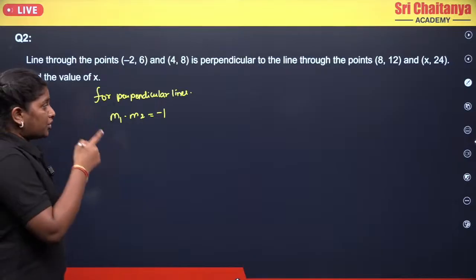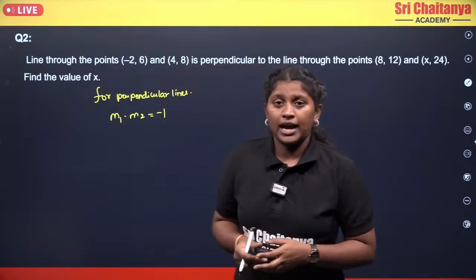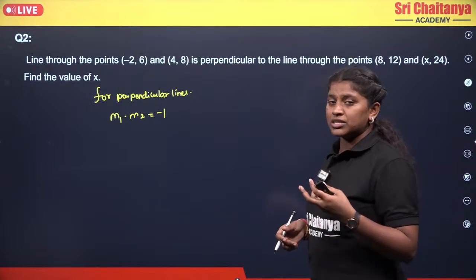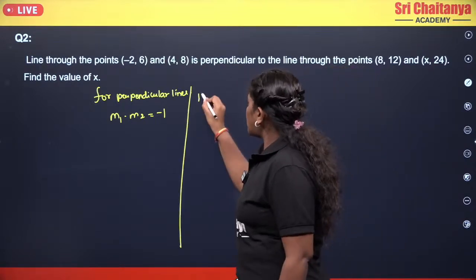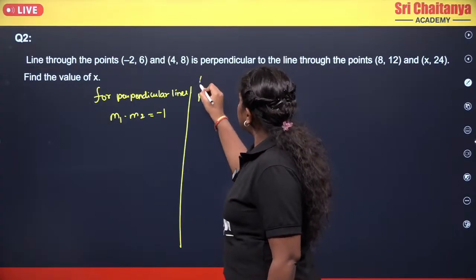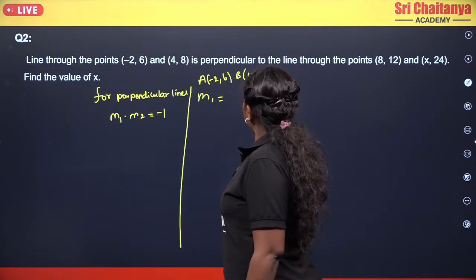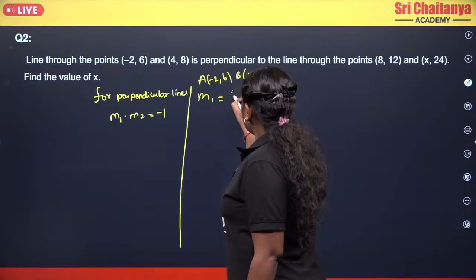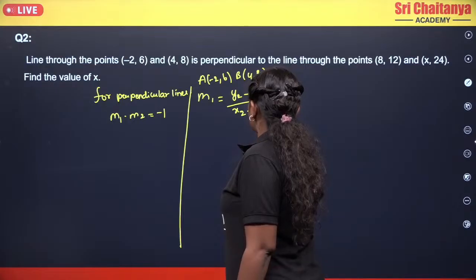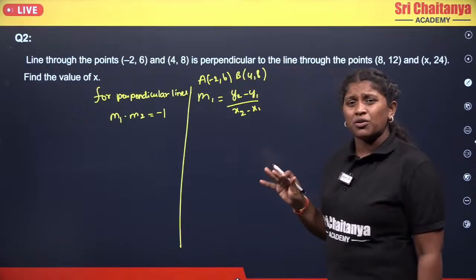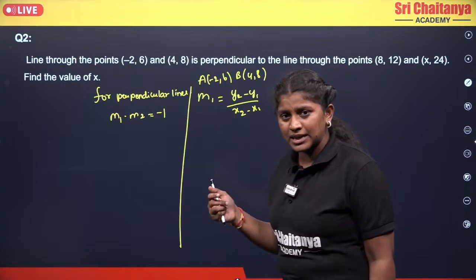We need to find m1 from the 2 points on line 1 and m2 from the 2 points on the second line. Now m1: consider A is the point (minus 2, 6) and B is the point (4, 8). Here we use (y2 minus y1) by (x2 minus x1). So what is the formula for the slope? You can take m equals tan theta or m equals minus a by b.